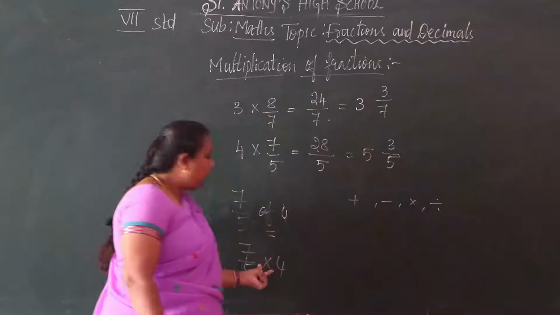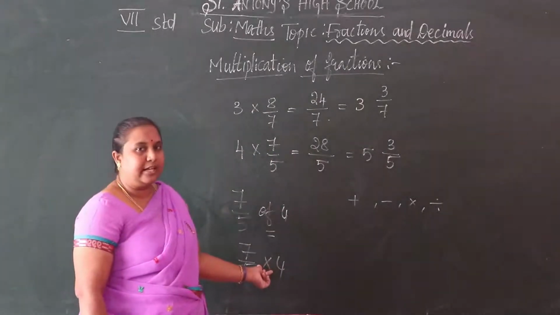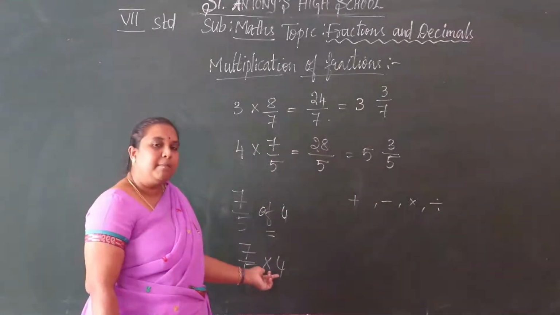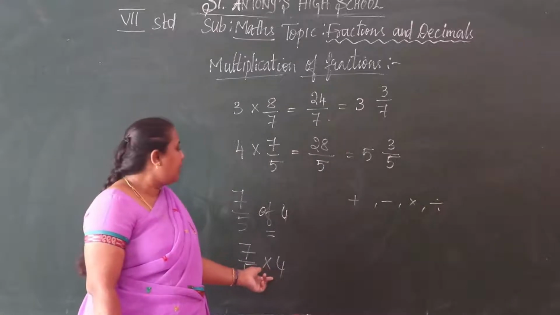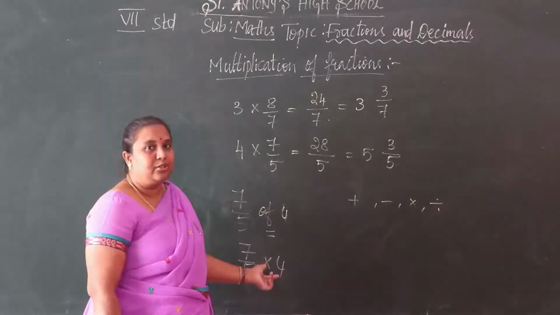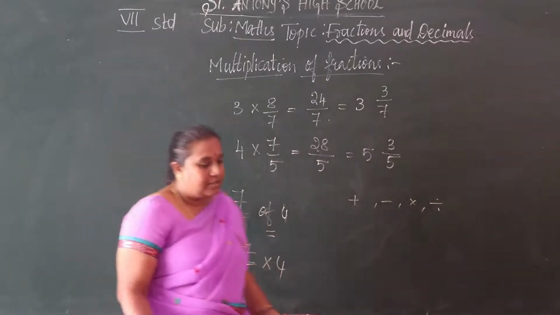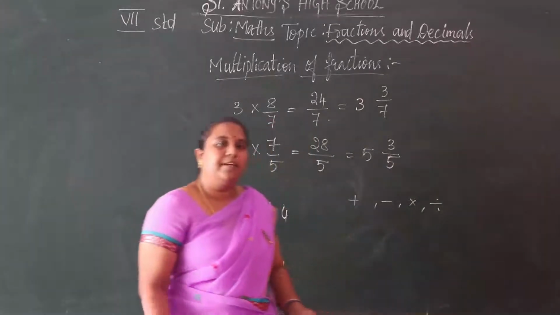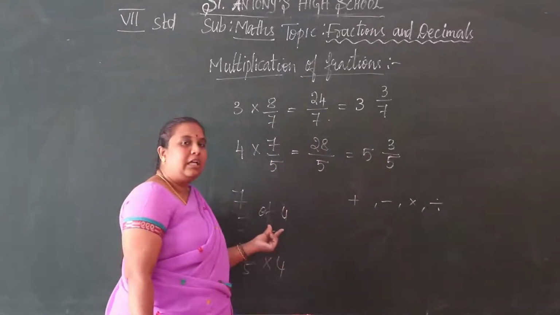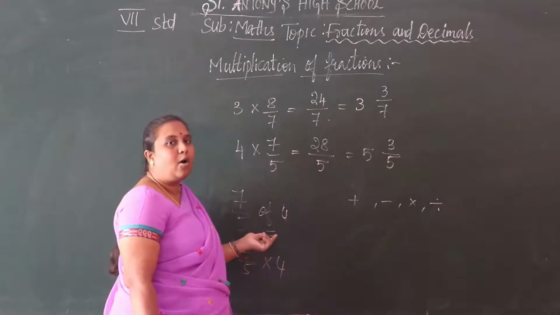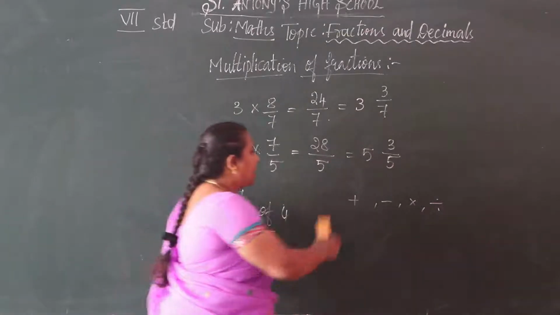Here we have an operation, the multiplication sign. We have an operator, the multiplication sign. So we can say it is fraction as an operator of. This 'of' we can say is an operator of fraction. Understood?